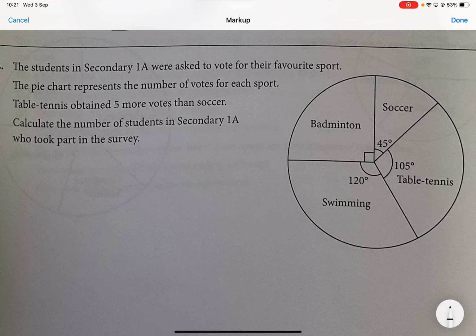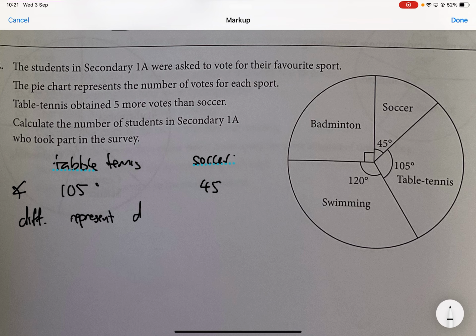Meaning, when I have table tennis versus soccer, table tennis has an angle of 105, soccer has an angle of 45 degrees. So the difference in this angle will represent the difference in votes also.